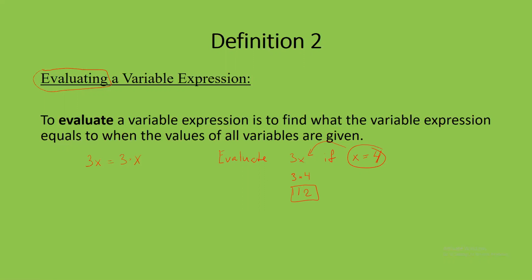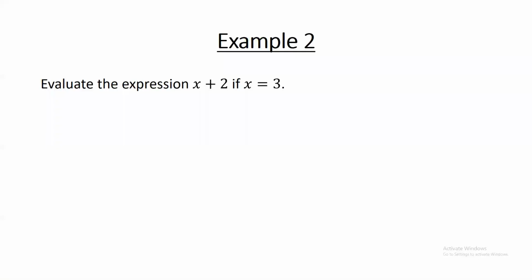Let's take a look at a couple of examples. So in this example, you're asked to evaluate the expression x plus 2 if x equals 3. Well, pretty easy, right? x equals 3, so we just let x equal 3, and 3 plus 2, of course, is 5.